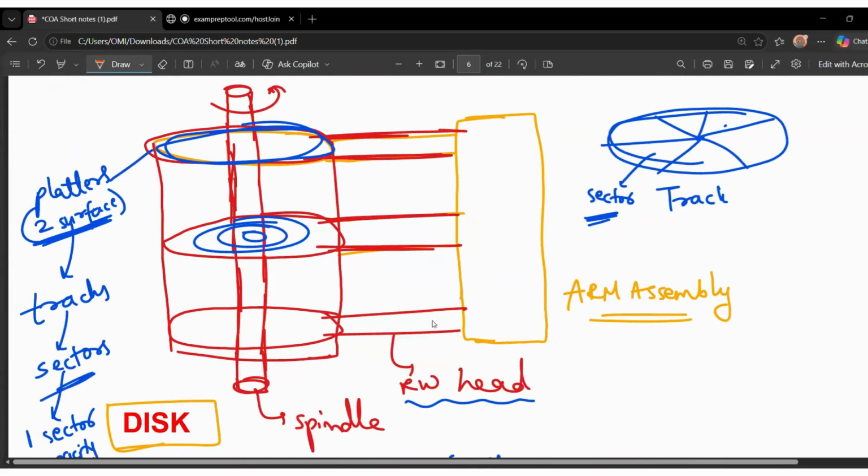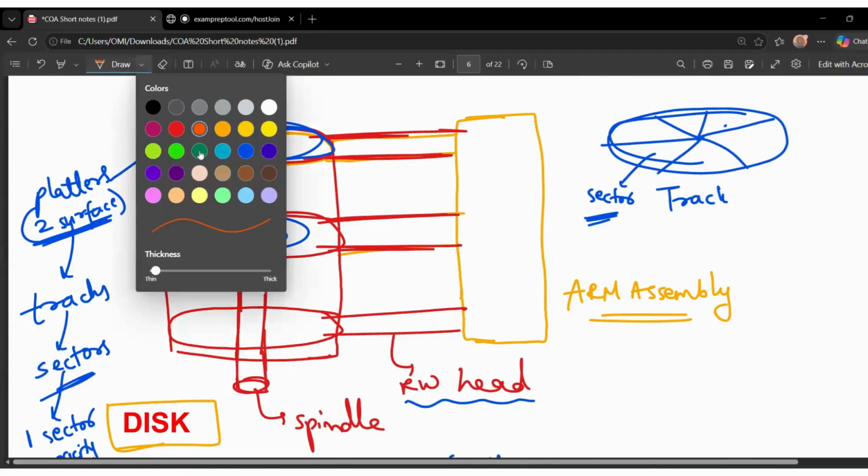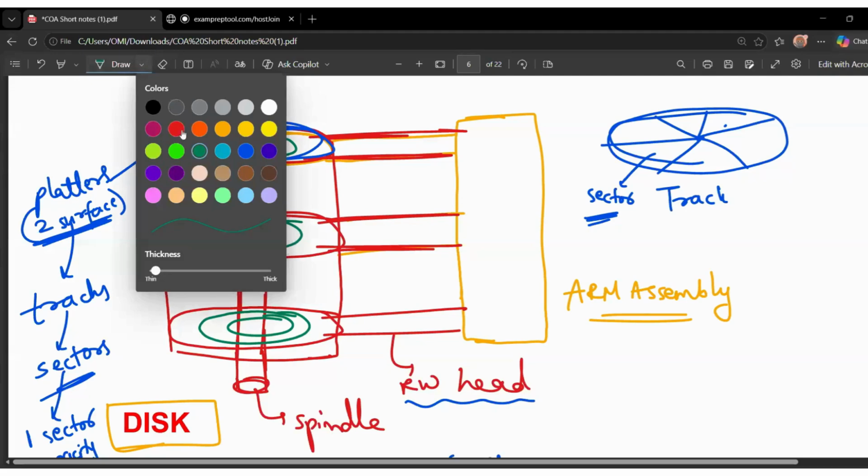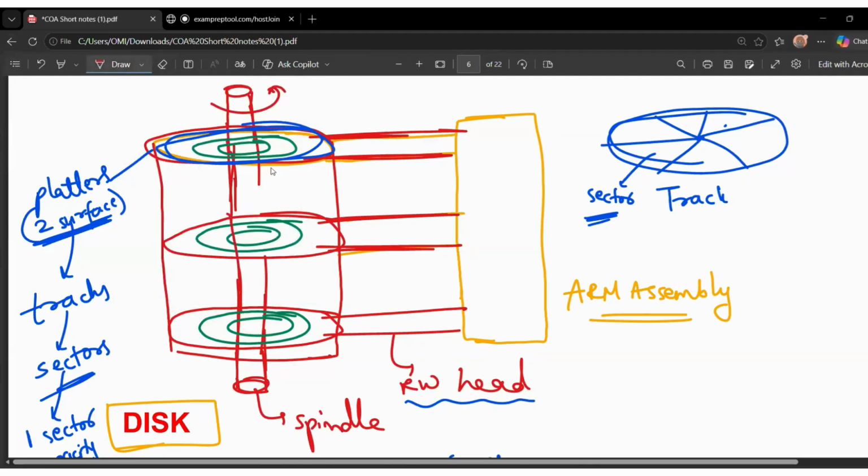So here, okay, let me do with this. If you have many tracks, right? You have many tracks across the platters.